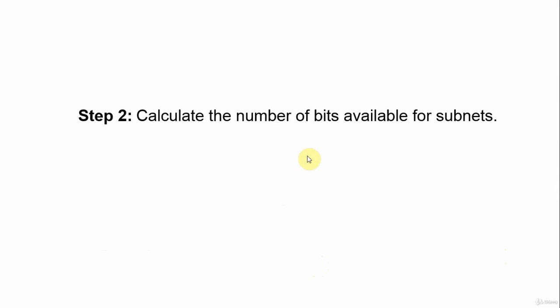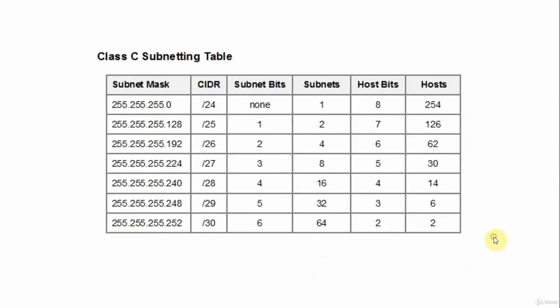So we'll calculate the number of bits available for subnets. In this case, I know I've got a /27 mask, and that's 3 subnet bits that are available, because 5 and 3 has to add up to 8. There's 8 bits per octet. So the 3 subnet bits gives me a total of 8 subnets available.